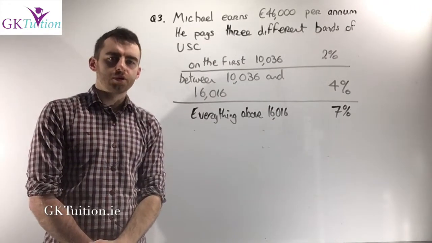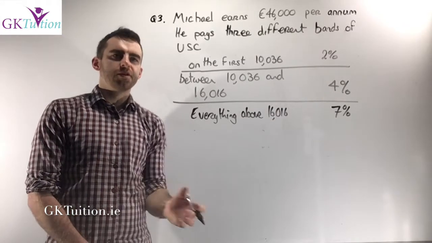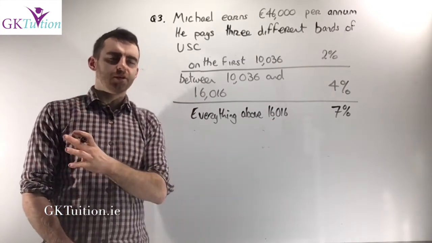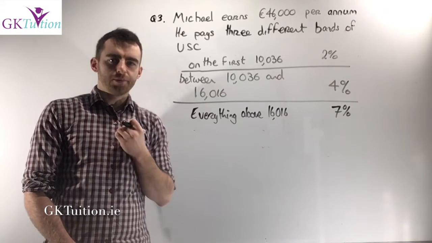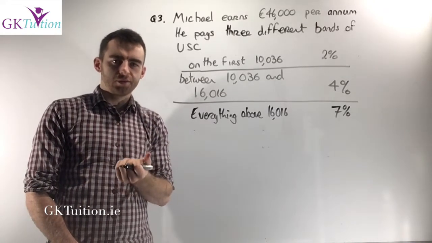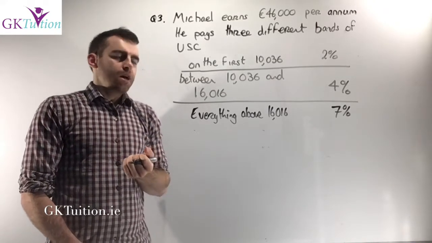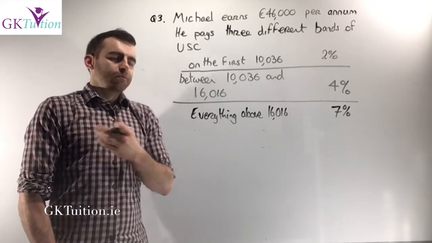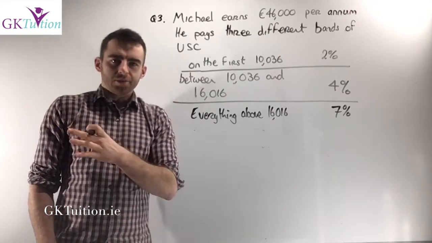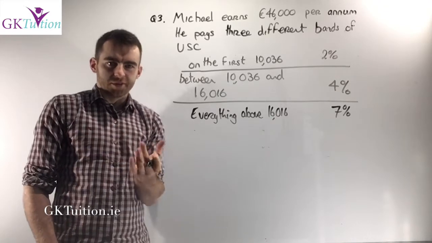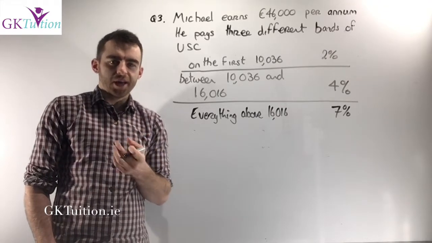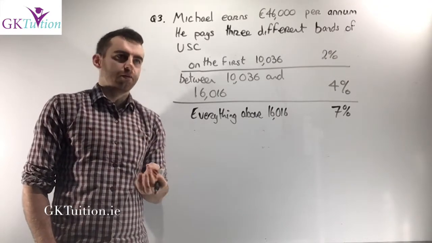Okay, I'm just going to do one question on USC as well. The previous 2 questions have been on income tax, but now we need to explore the universal social charge, which is called USC. When people earn money, not only do they have to pay income tax, but there's a number of different taxes or charges that you have to pay before you actually get your net income.